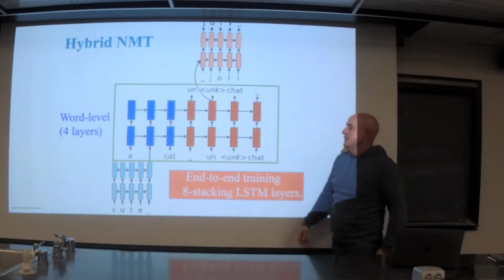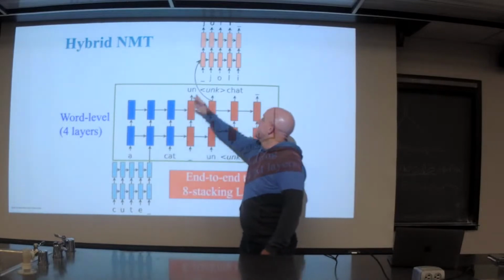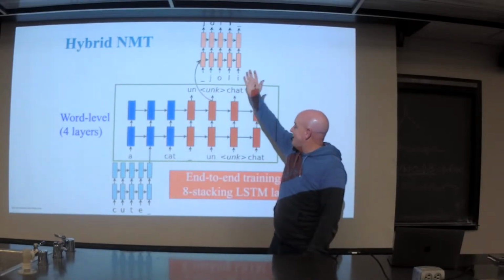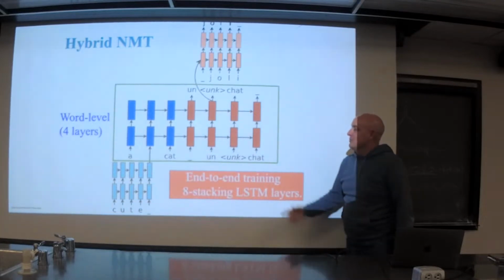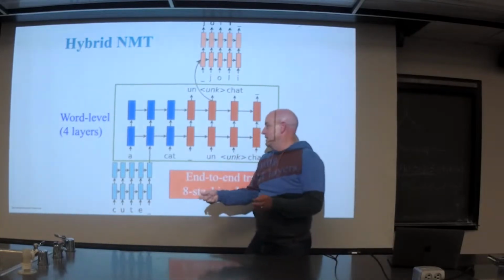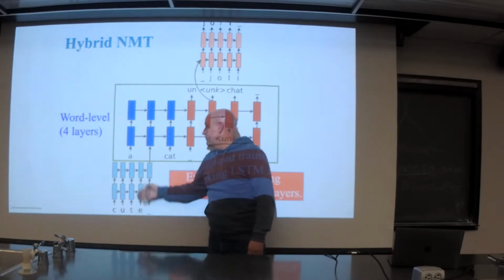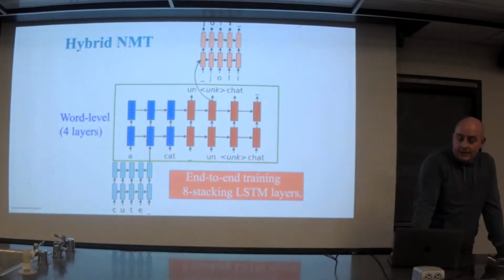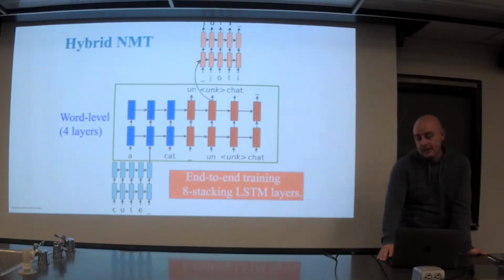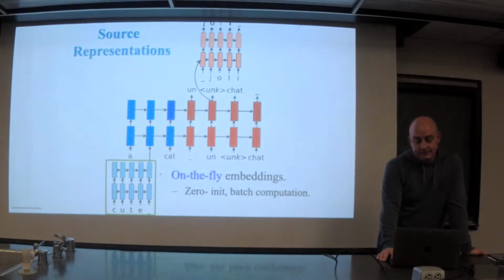So, a cute cat, un joli chat, I don't know how you say it right, but we've sort of recursed in one level at the word level and said, okay, let's attempt to translate this at the character level and see if we can do any better. And we do.